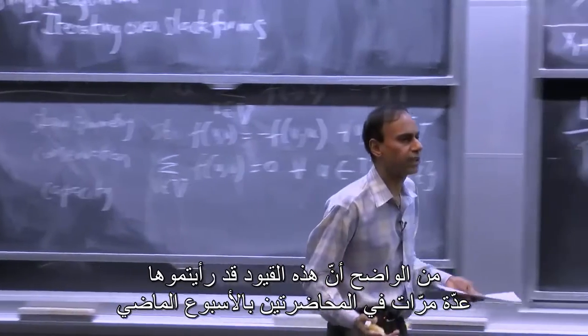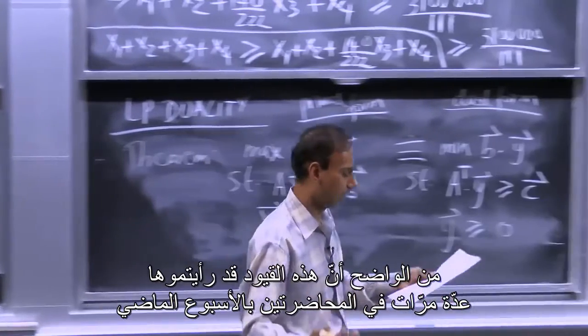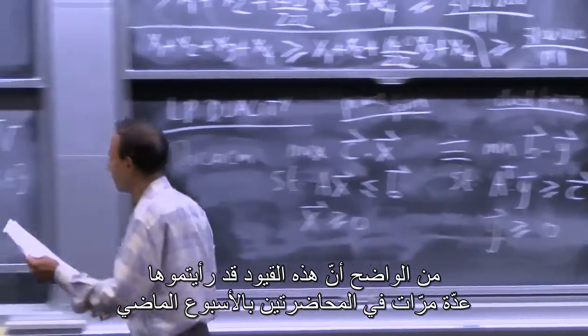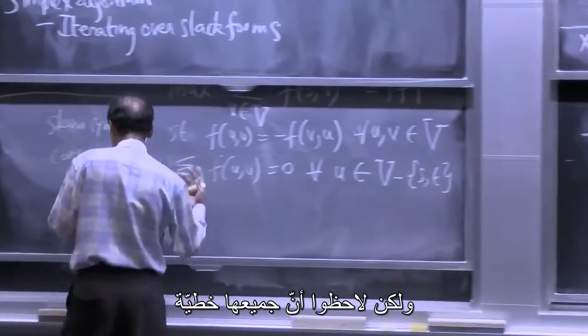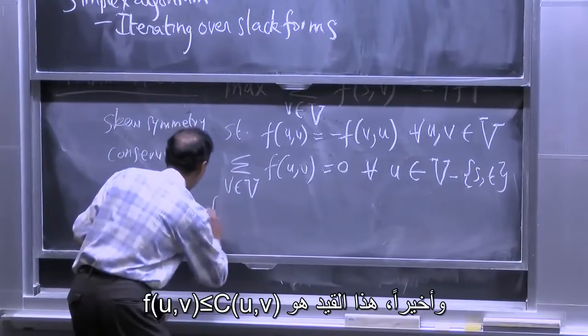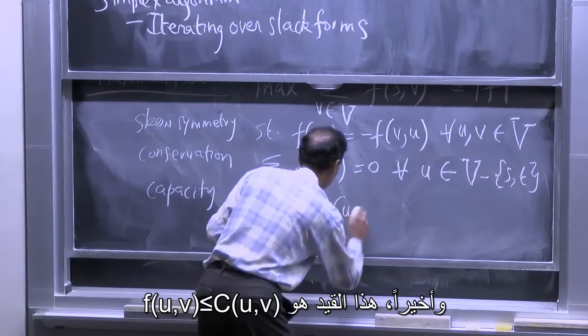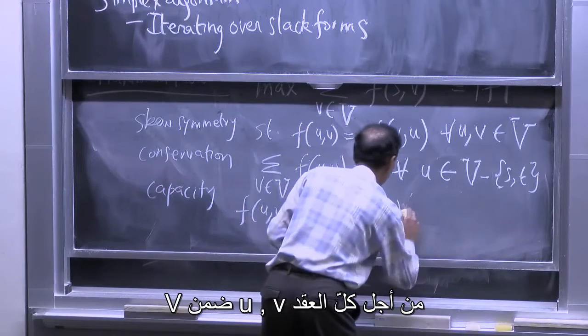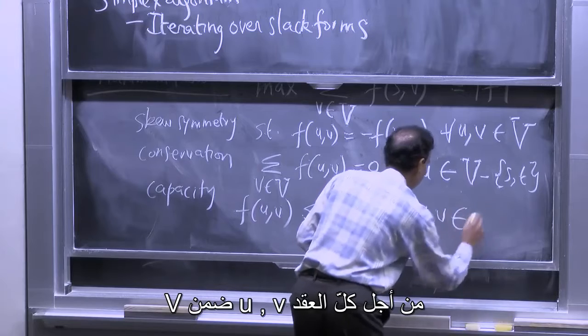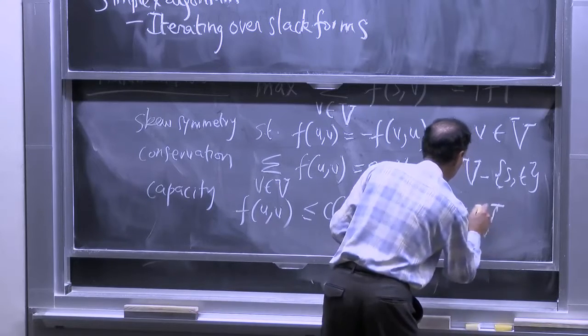Obviously, these constraints you've seen many a time from the two lectures last week, but notice that they're all linear. Right? And finally, this one is FUV less than or equal to C of UV for all UV belonging to V. All right.